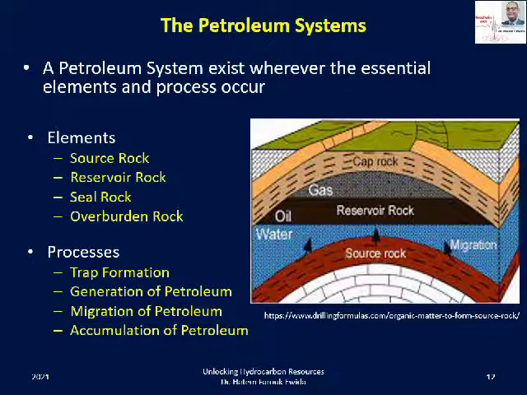The four elements again are the source rock, reservoir rock, seal rock, and overburden rock. And the processes are the trap formation, generation, migration, and accumulation of petroleum. All of these essential elements and processes are important for a petroleum system to exist.